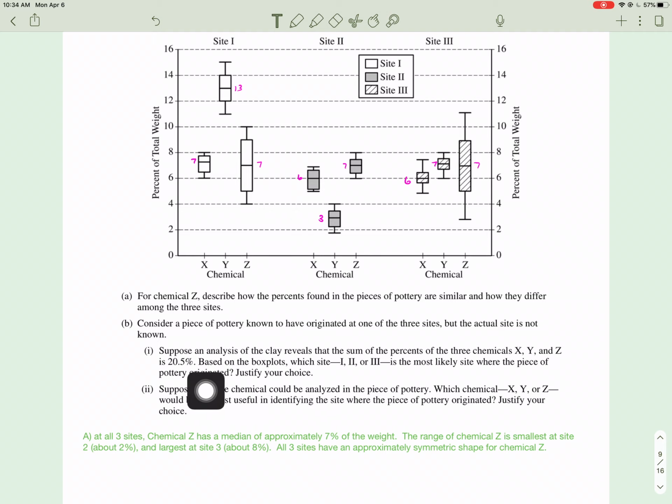That's still greater than 20.5. So even on the most extremes, the minimum is still greater than 20.5. And if you think about that at site 2, here we'd have to use the maximums. You get 8, about 7 is 15, and 4 is 19. If you take the 3 maximums, it's only 19, which is still not 20.5. So that's another reason that site 3 is the correct answer.